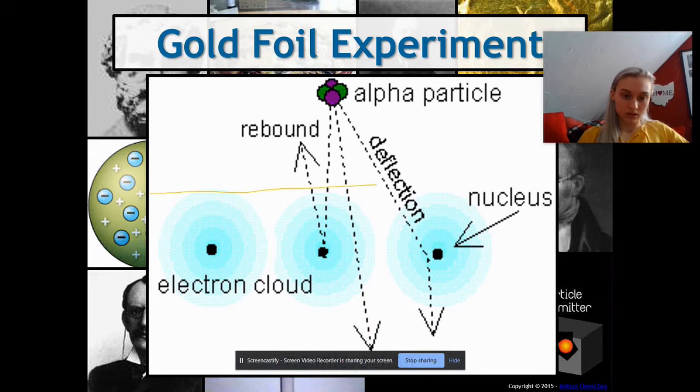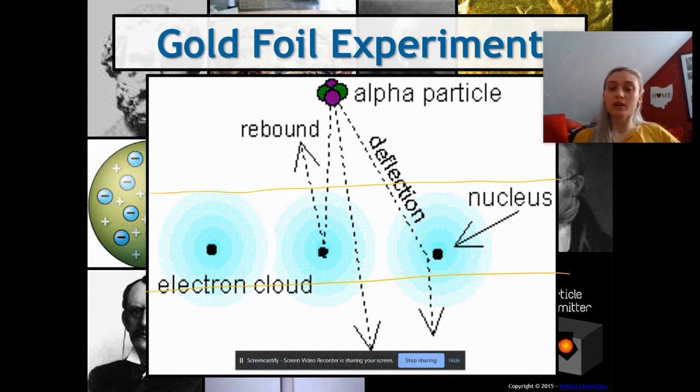So this is the gold foil, okay? So imagine that these are the atoms within the gold foil, okay? The atoms of the gold foil have a nucleus, and it has this electron cloud, right?